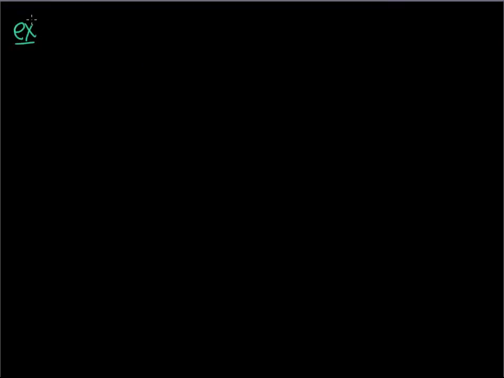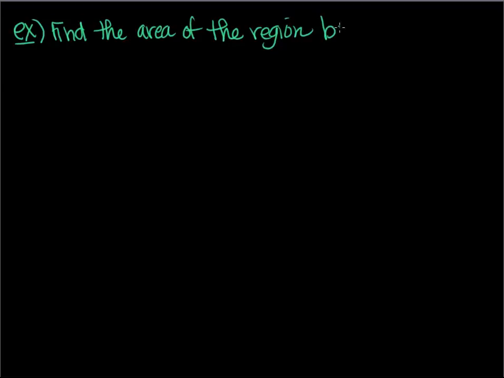All right, so my next example, I want you to find the area of the region bounded by the functions. And this one is almost a little bit easier than the one we did before.